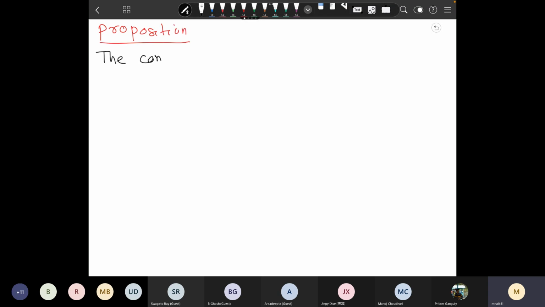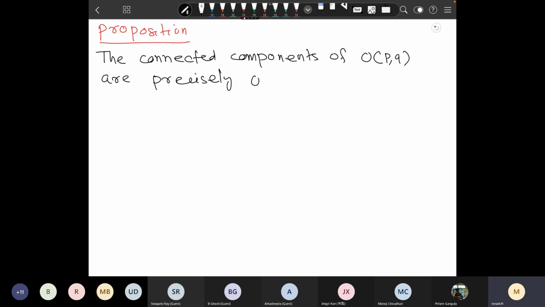The components of O P comma Q are precisely O plus plus P comma Q, O plus minus P comma Q, O minus plus P comma Q, and O minus minus P comma Q.